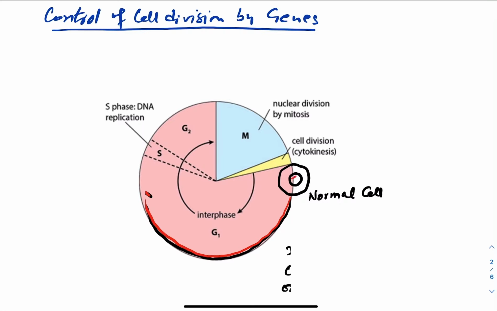If this is, for instance, a pair of chromosomes, it undergoes G1 phase. During this phase, protein synthesis takes place.